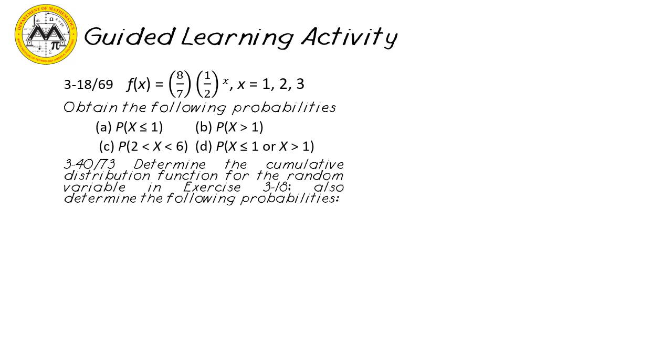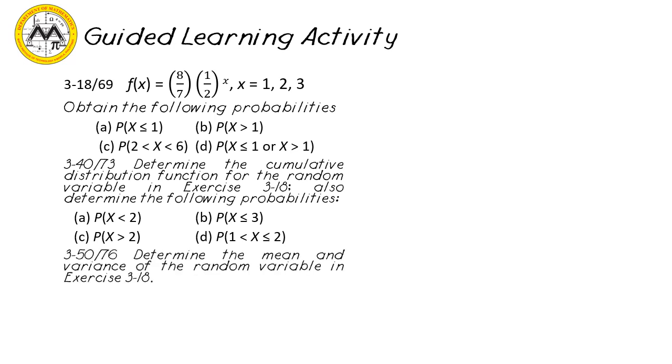Determine also the cumulative distribution function for the random variable in the said example and determine the following probabilities. The probability of x less than 2, the probability of x less than or equal to 3, the probability of x greater than 2, and the probability that x is greater than 1 but less than or equal to 2. Determine also the mean and variance of that random variable.